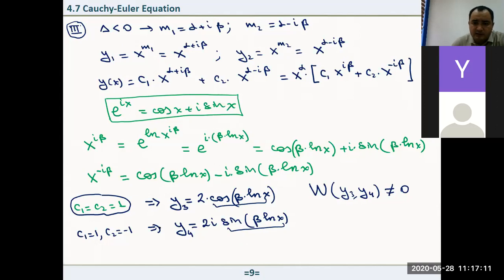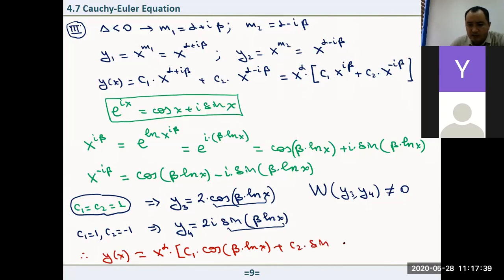So that means the general solution of the given differential equation would be x to the power alpha times c sub 1 times cosine of beta times natural logarithm of x plus c sub 2 times sine of beta natural logarithm of x.